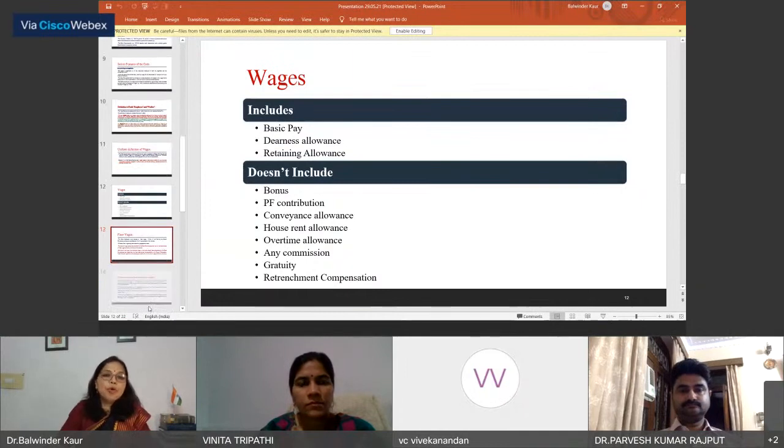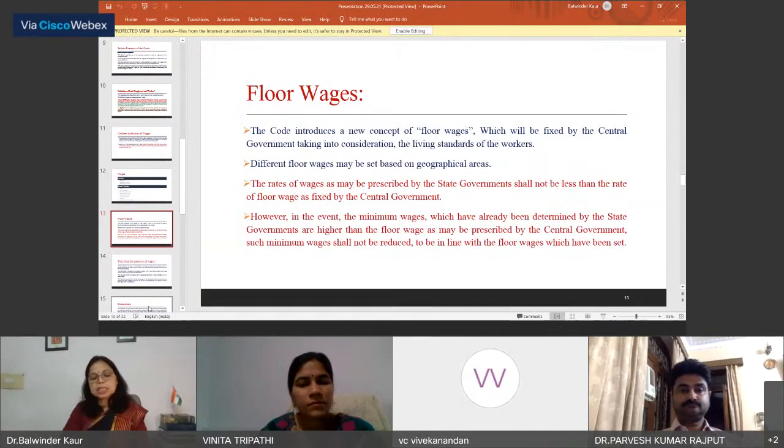Now, the floor wage, as I discussed with you, is fixed by the appropriate government. The appropriate government is defined under the Code on Wages 2019, and the floor wage would be fixed by the central government. When the floor wage is fixed, a few things are incorporated under the Code on Wages which were not there before.